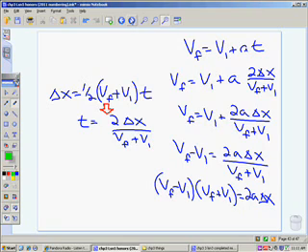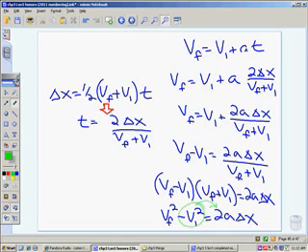Now notice on the left-hand side we have two binomials multiplied together, and so I'm going to multiply those together by using FOIL. First, outside, inside, last. Two of the terms are going to cancel out, and on the left-hand side we're left over with vf squared minus vi squared equals 2a delta x.